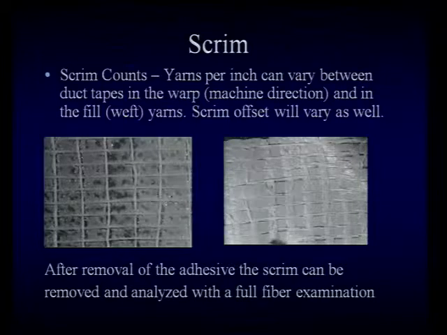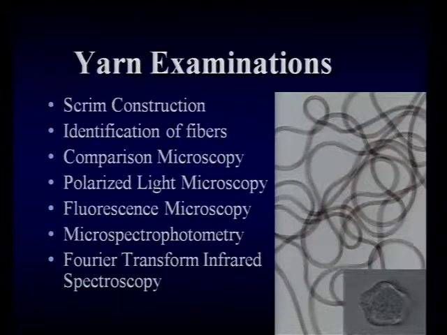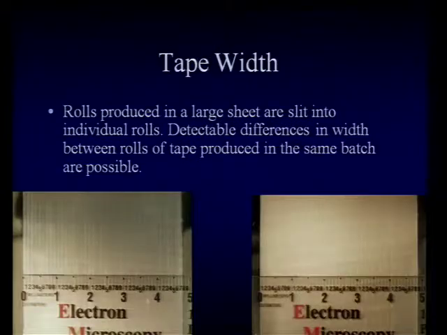Depending on what you've done in a case, just things like scrim offset, how far that scrim comes to the edge of the tape will vary, and it'll be consistent throughout the roll. So you want to cover all sorts of things, the yarn examination or fiber examination, if it's polyester, is it pentalobal, all those types of things.